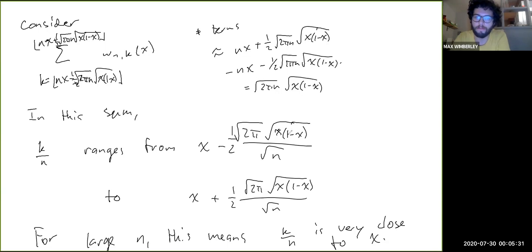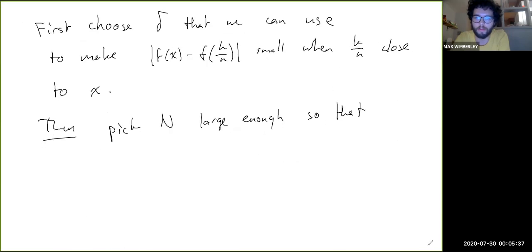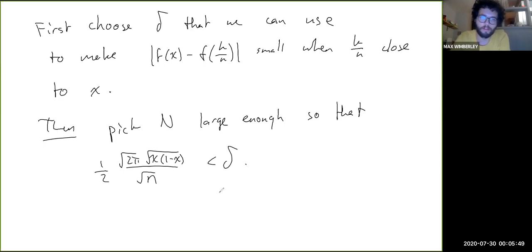So 1/2 root 2 pi root x(1 minus x) over root n. So let me do that. So 1/2 root 2 pi root of x(1 minus x) over square root of n is less than delta for n greater than N, right?